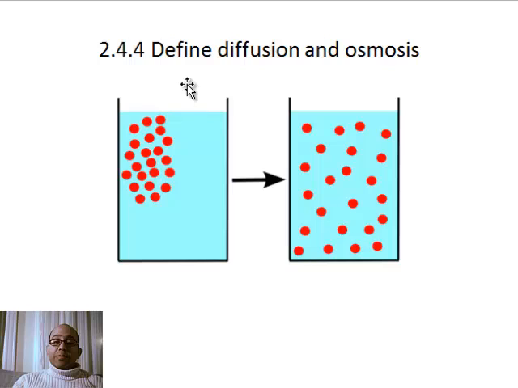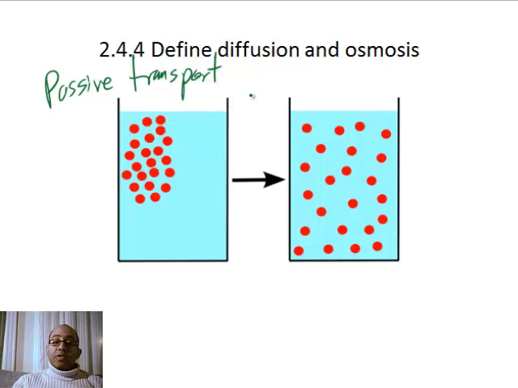So, in the next statement, it refers to two methods, diffusion and osmosis, and both of these are passive transport because they do not require energy. So in this picture, I've shown that you have red particles in a container of water, and they will spread out from high concentration over here on the left to low concentration over here on the right.